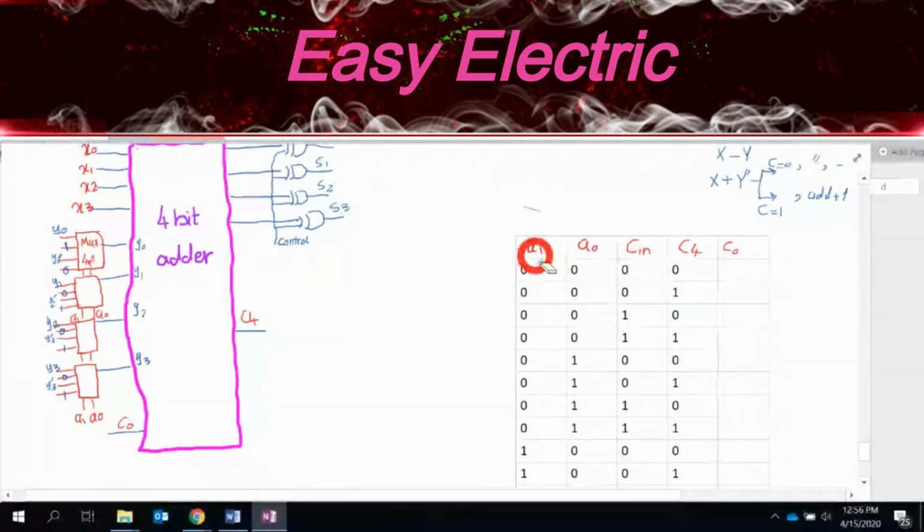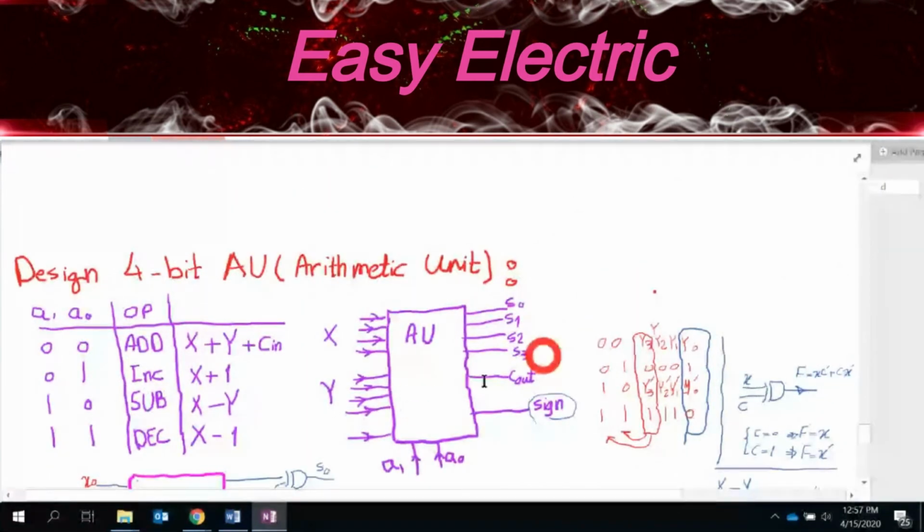I start with A0, A1 being 0 and 0. See, here to here, I just separate that. Maybe it's easier to follow. So I'm talking about these 4 cases, where A0 and A1 are 0 and 0. Back to this table. Whenever they are 0, 0, this is what we need to do: X plus Y plus Cin.